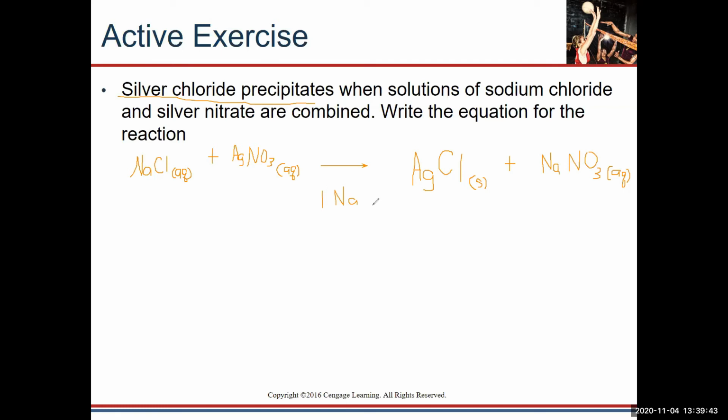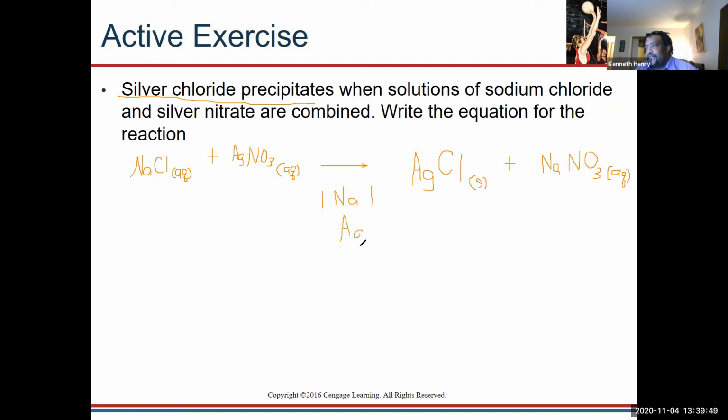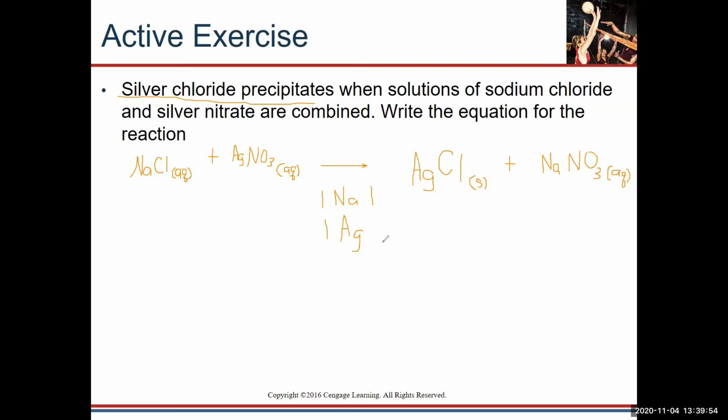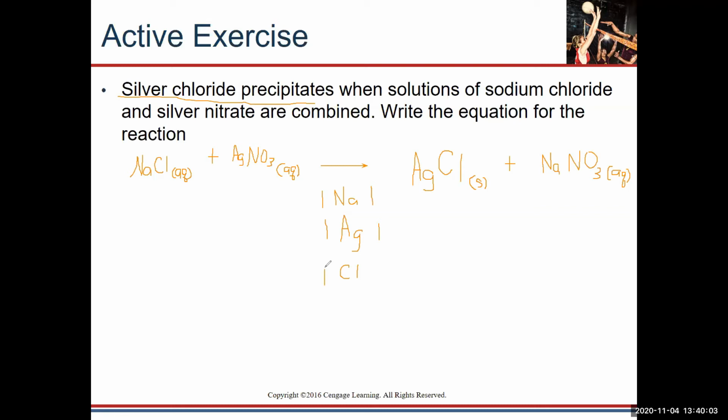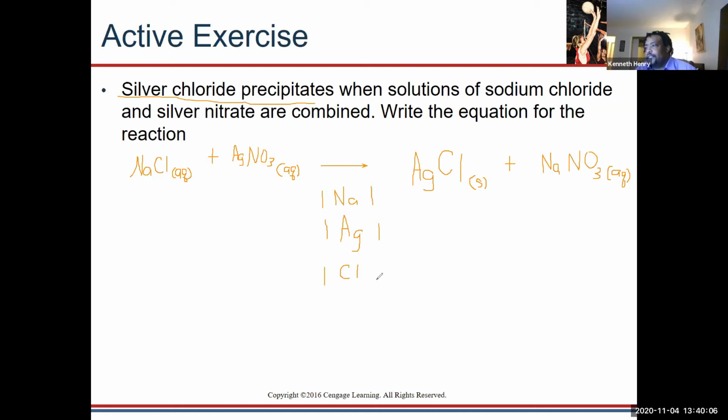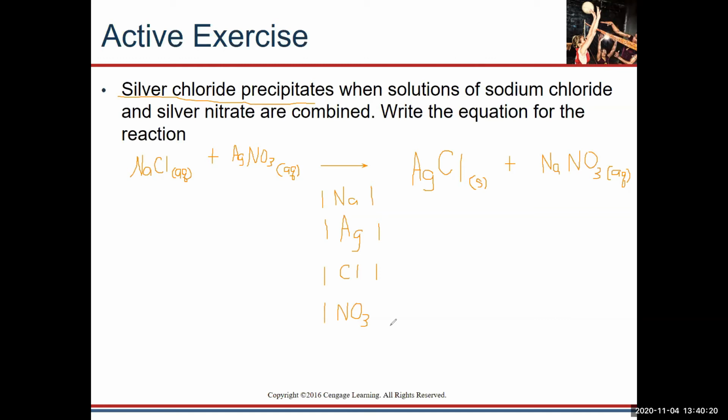On my product side, 1. I have silver. On my reactant side, how many do I have? 1. On my product side, 1. I have chlorine. On my reactant side, I have 1, on my product side, 1. And nitrate, since it's going to be moving together as a unit, I can just treat it as a polyatomic ion. How many nitrates do I have on my reactant side? 1. And on my product side? 1. So would that be balanced?